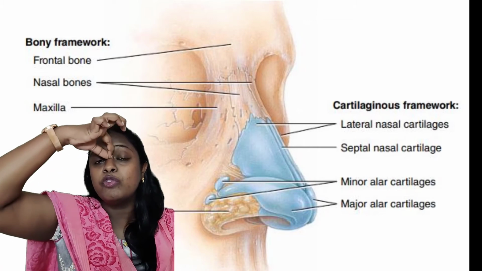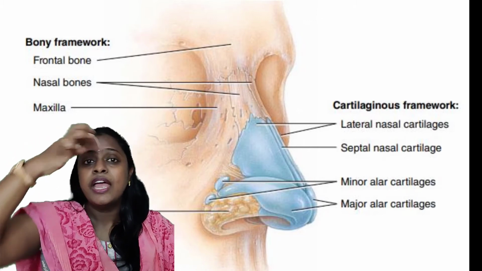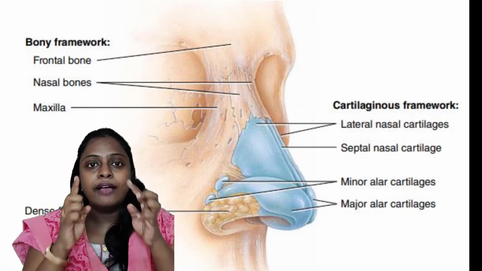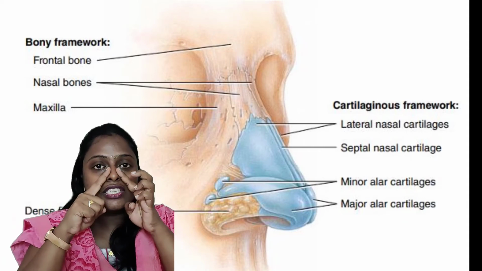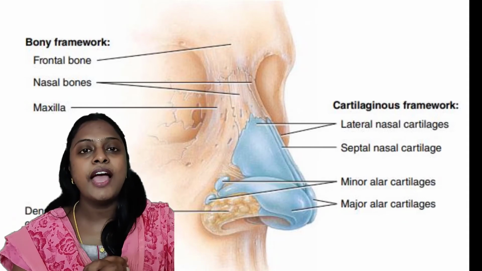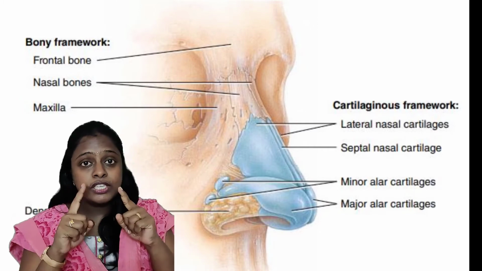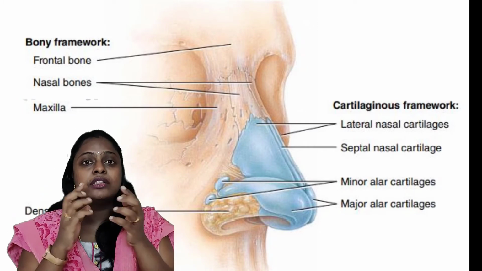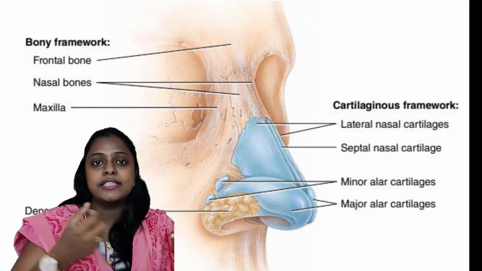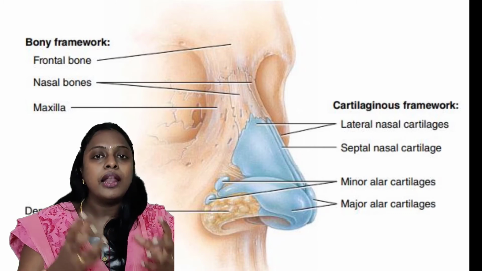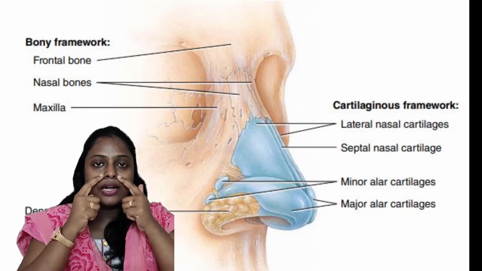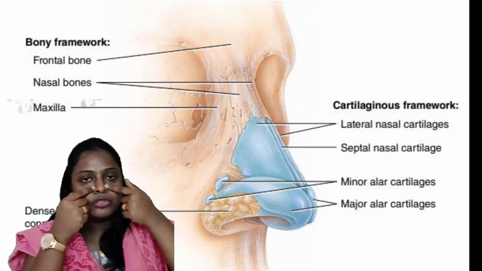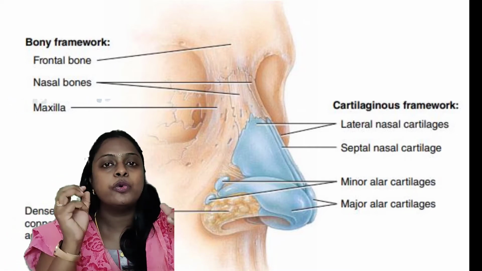So here you will be having one cartilage, and to that we will be having lateral nasal cartilage attached. You will be having alar cartilage on both sides. Here, the ones which are covering our external nares are called alar cartilage. So you will be having alar cartilage over here, and here also you will be having two small alar cartilages.